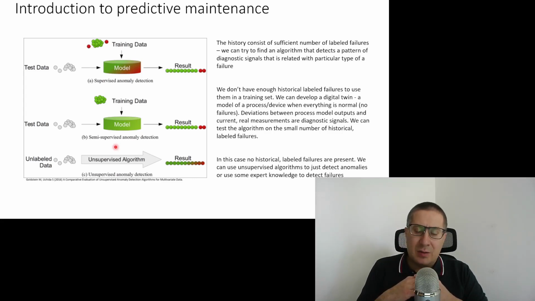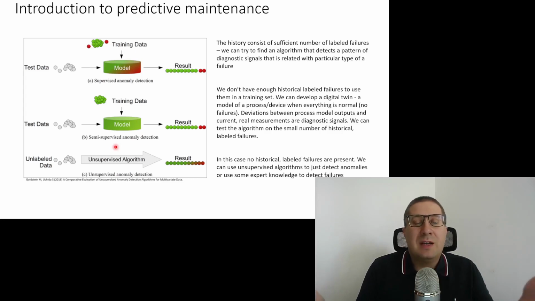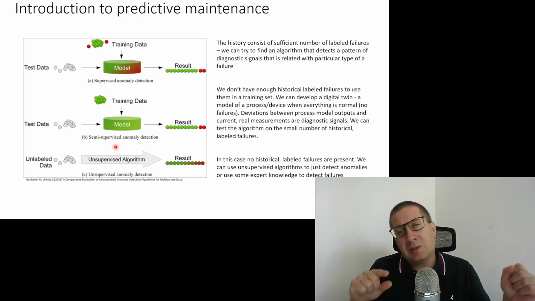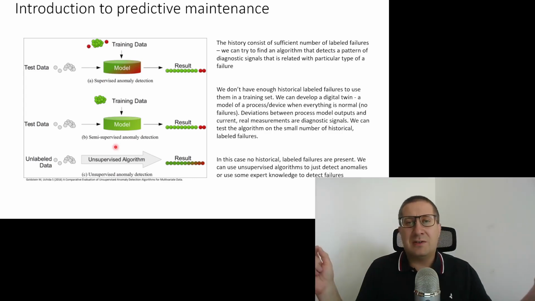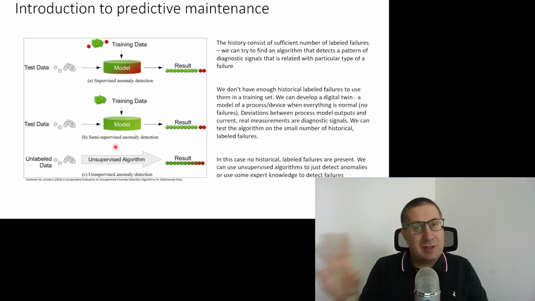Then we can apply just anomaly detection methods to at least inform the operator that this particular parameter looks suspicious. We don't know if it's a failure or not, but please take a closer look at this parameter, because it looks strange. It differs from the norm, given the context, given the process operating point, the equipment load, etc., etc.